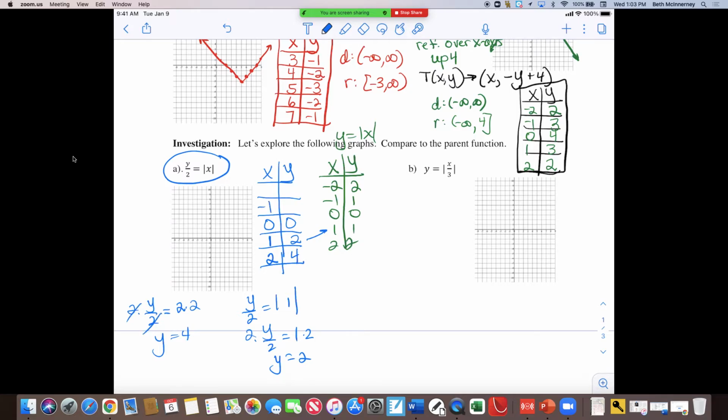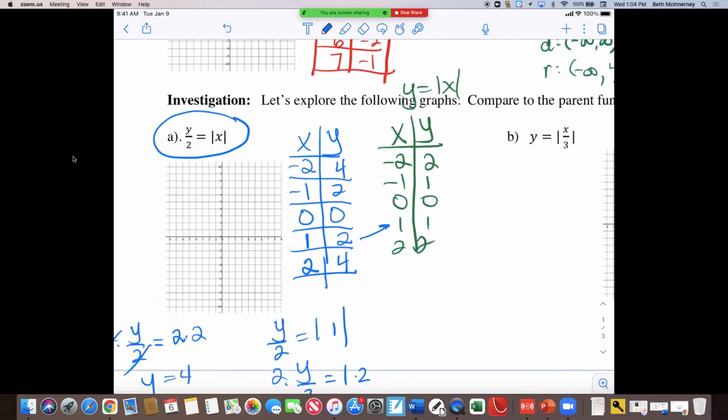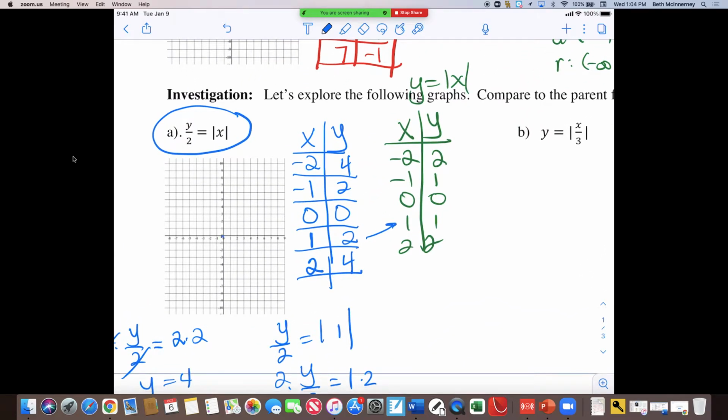Now there is symmetry. Did you notice that? As long as I keep it where I didn't move it left or right, I have symmetry there. So let's graph this. I have 0, 0, -1, 2, -2, 4.